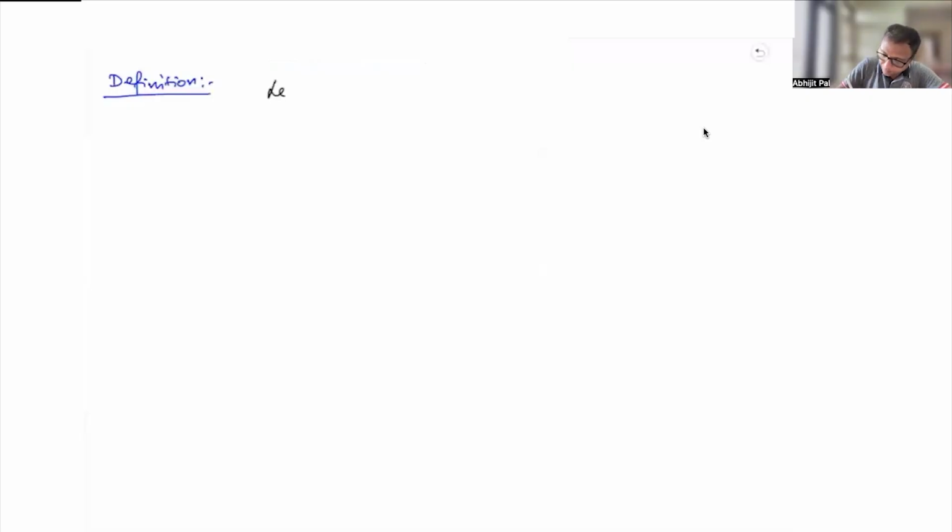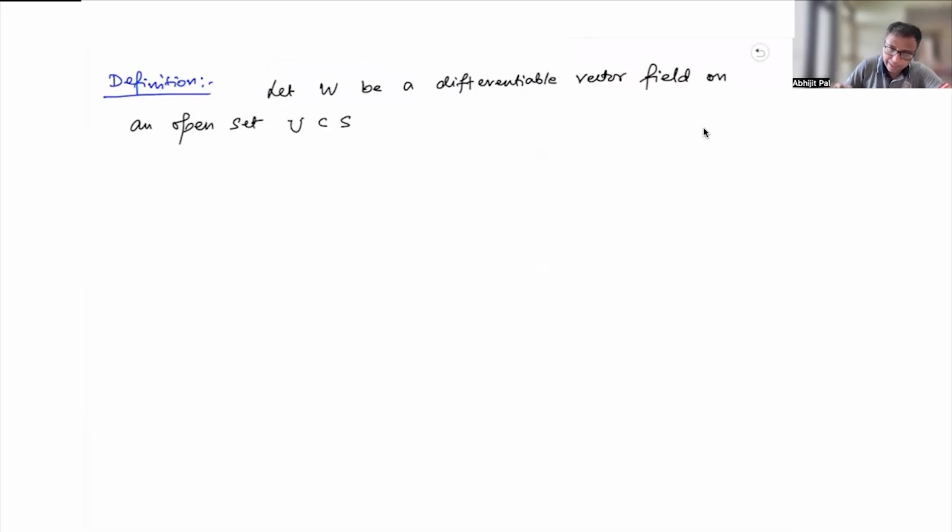Let W be a differentiable vector field on an open set U of S, and let us take P belonging to S. So let us take a vector V belonging to T_P S.